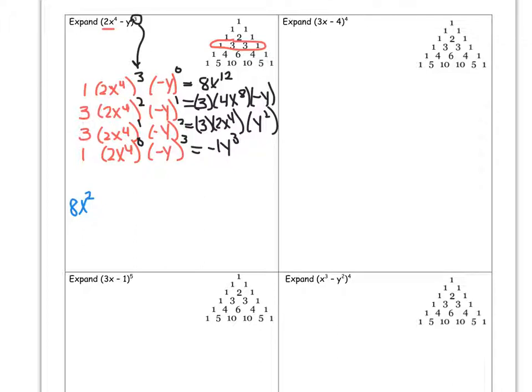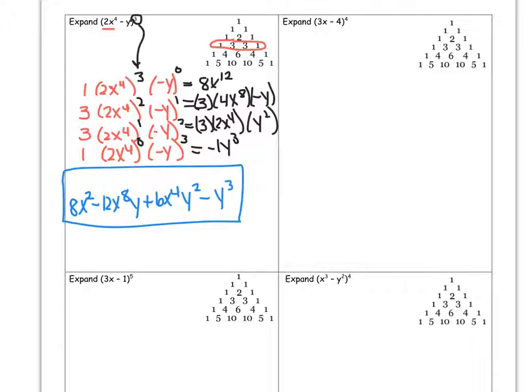So we have negative 12 x to the 8th, y. Then the next one is 3 times 2, which is 6. So we have 6 x to the 4th, y squared. And then the last one is negative y to the third. So that is my expansion of the original problem.